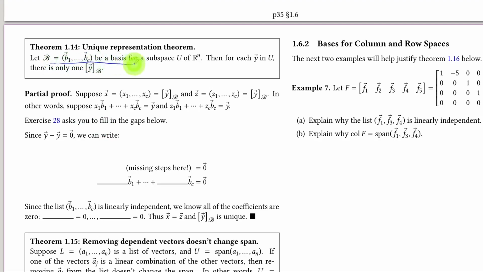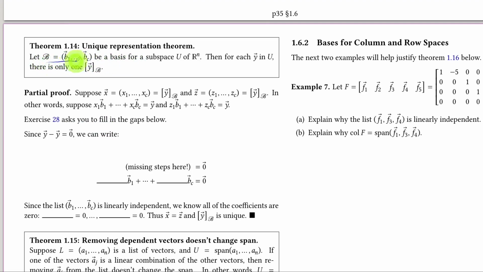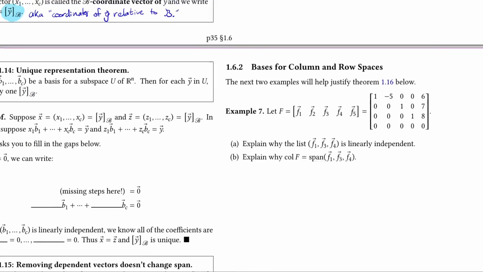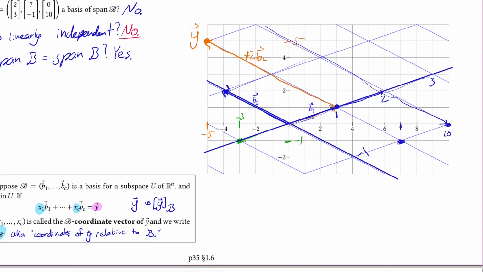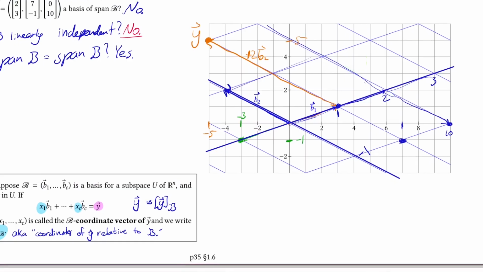It says, suppose that B is a basis for a subspace U of Rn. Then for every y in U, there is only one B coordinate vector of y. Now, just as an example to get a feeling for why this works, if I take a point over here, is there more than one way to get here along this grid?